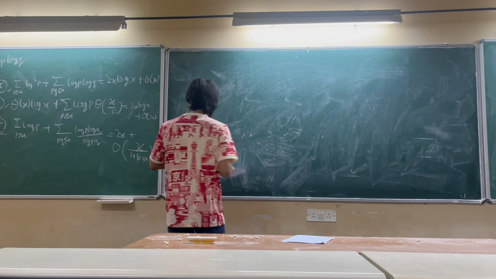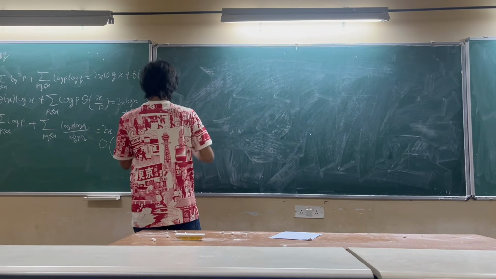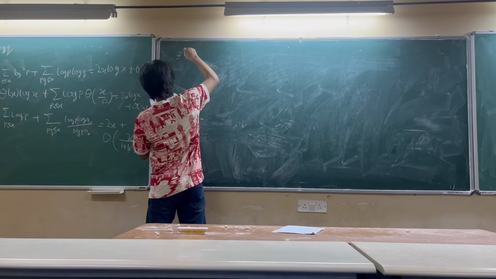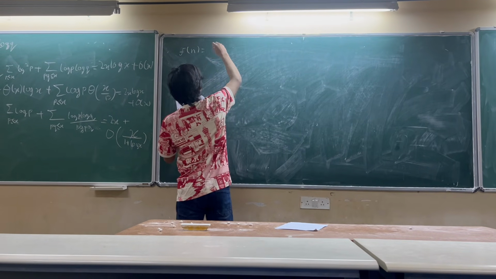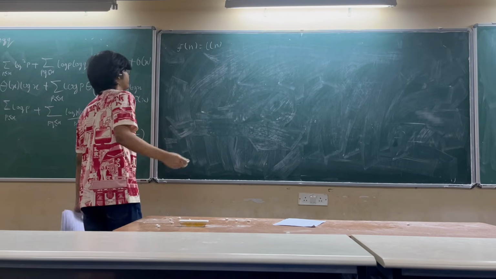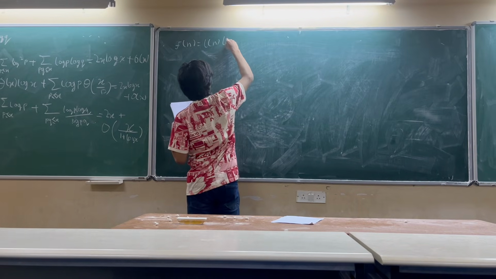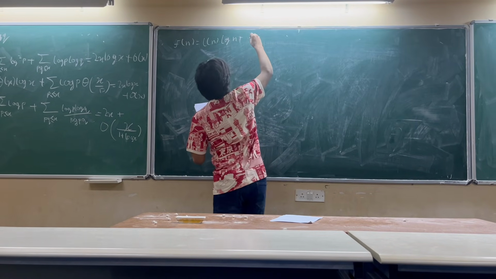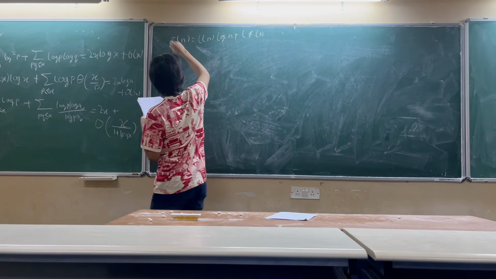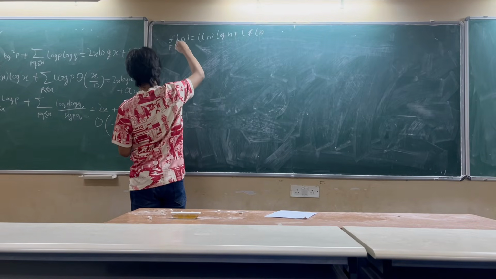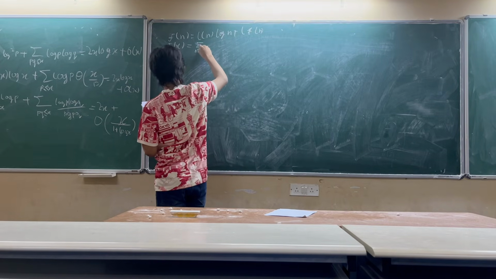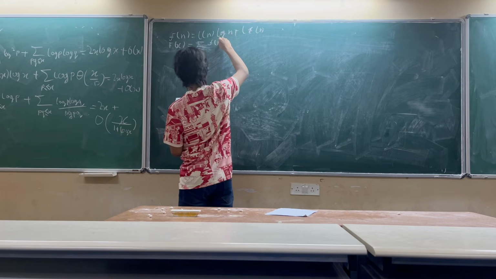For this one, what we need to do is look at a function f of n defined as follows. Remember, small l of n was log n if n was a prime, 0 otherwise. So f of n is small l of n log n plus l star l of n. Then we define capital F of x as the summation over n less than or equal to x of f of n.